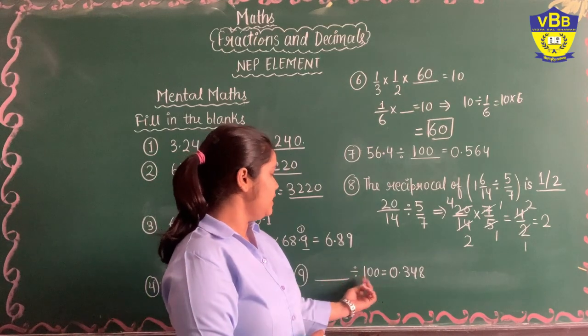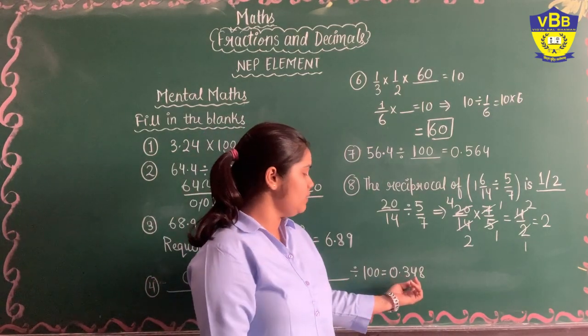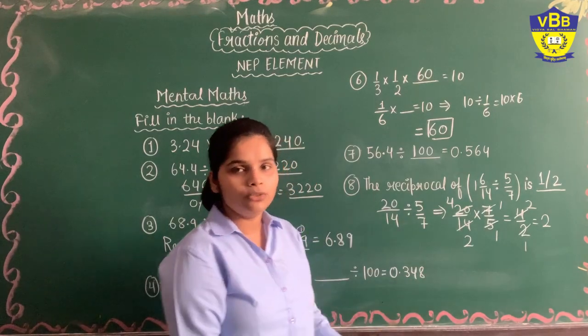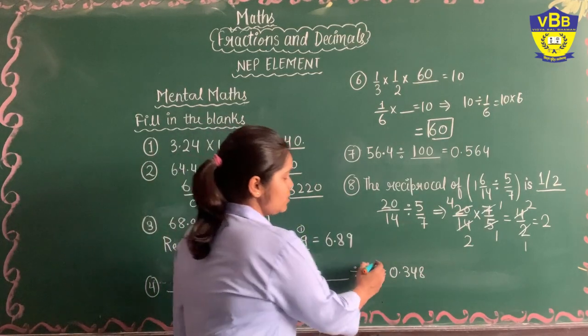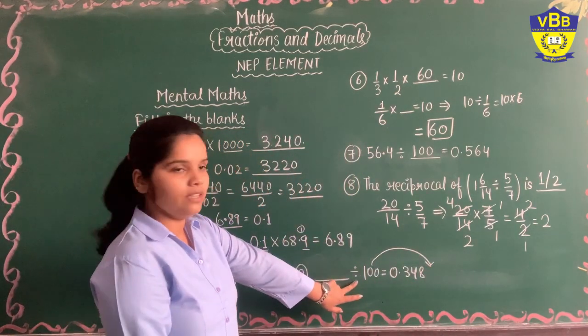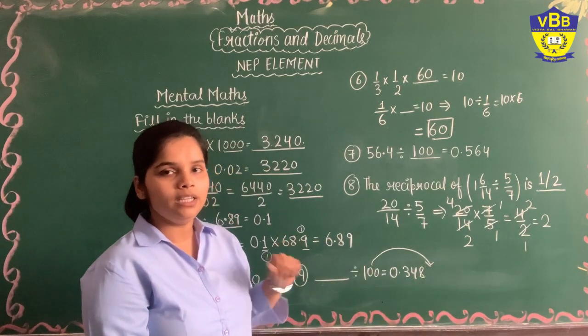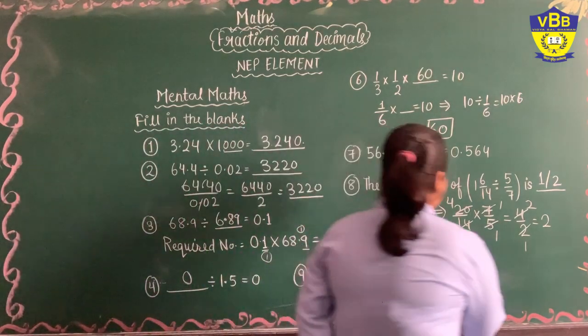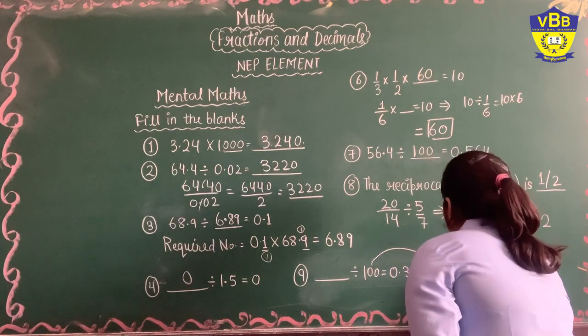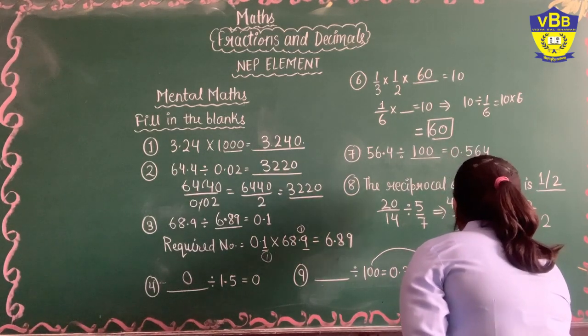Next, question number 9. What number divided by 100 will give you 0.348? What you need to do is transpose this number to the other side. It is in division here. When it goes to the other side, it will become multiplication. So it will be 0.348 multiplied by 100.